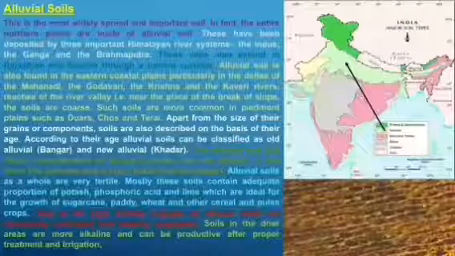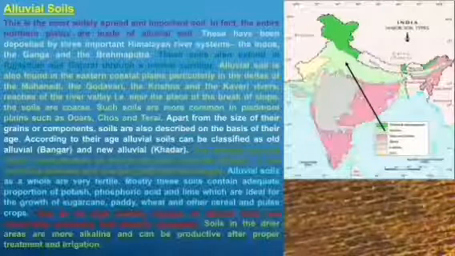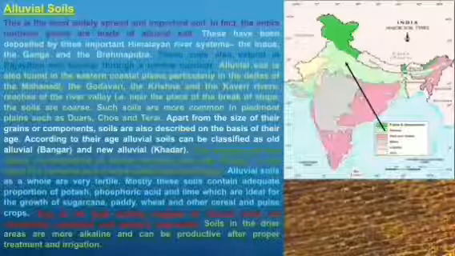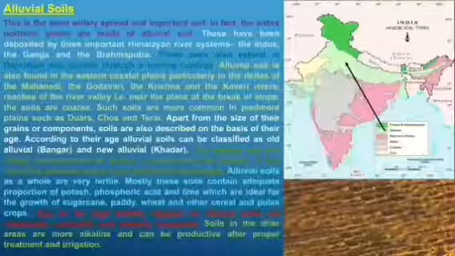This alluvial soil is adequate in potash, phosphoric acid, and calcium carbonate, and it is suitable for crops, that is sugarcane, rice, wheat, and other cereals, pulses, etc. Due to these factors, most of the people in India prefer to live there because there is fertile soil, a large quantity of water, and ample sunshine.